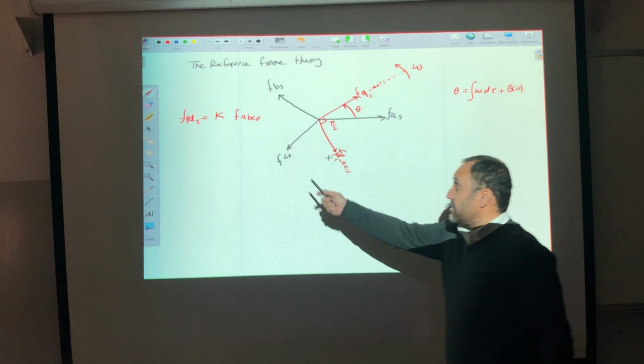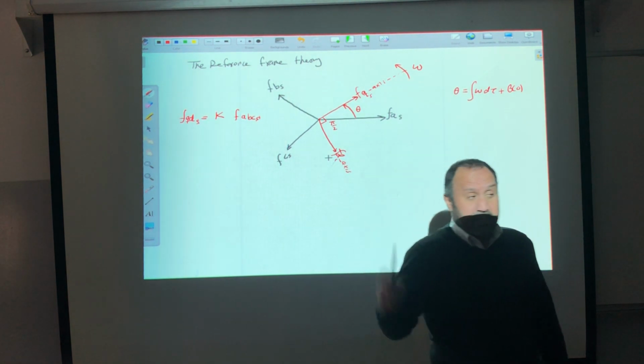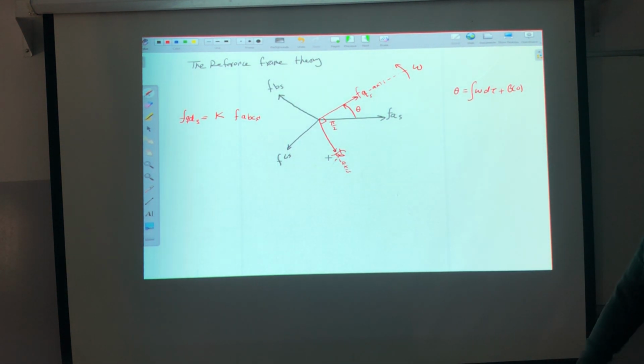Why? Because I have the F ABC S, I multiply by a certain matrix, and I get the FQD. Now someone will say, okay, you have FQD, and I need the ABC. What will you do? K inverse.